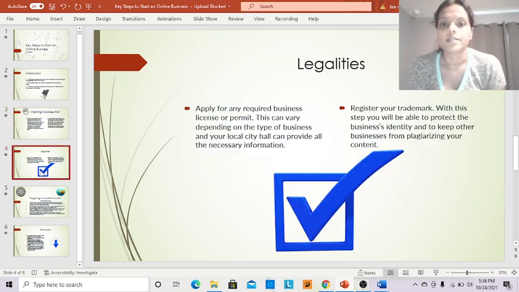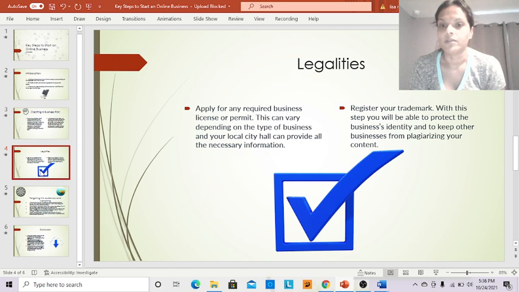The next part is the legal part of it all. And with any business, this is so important. Apply for any business license or any license within the state that you need, to prevent getting penalized in the future for not having the right documents. In any state or in any city, that information can be found at the city hall.